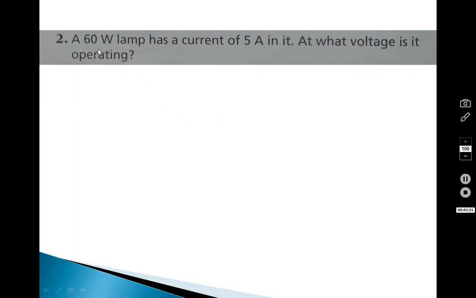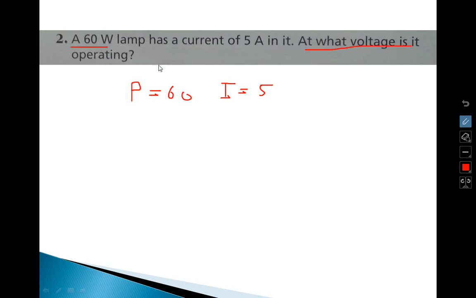Question number 2 is exactly the same. We have 60 watt. So P, the power rating, is 60. This is a lamp with a current of I equal to 5 ampere. At what voltage is it operating? So what's the value of V? As we said before, write down the formula.